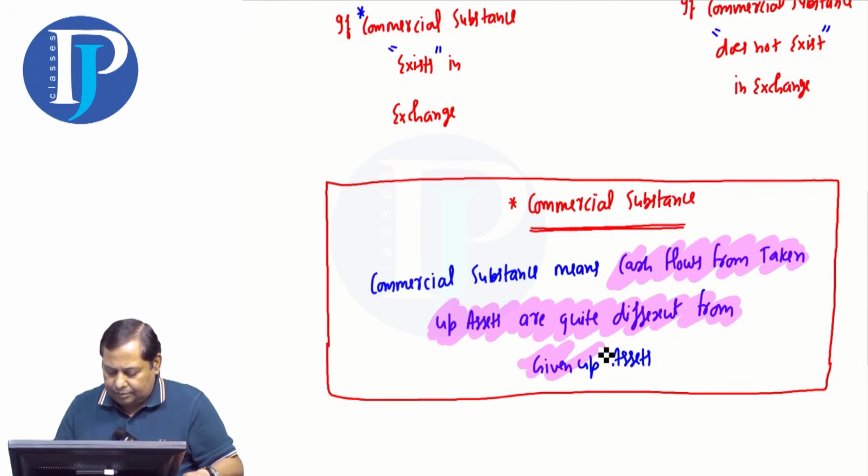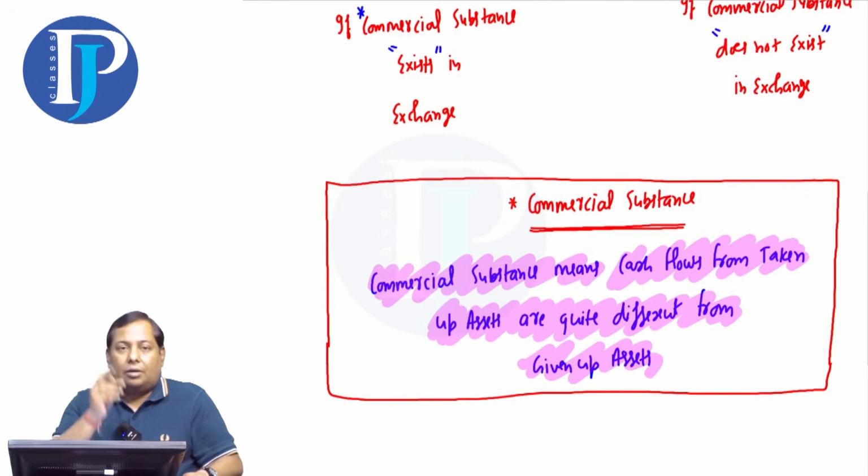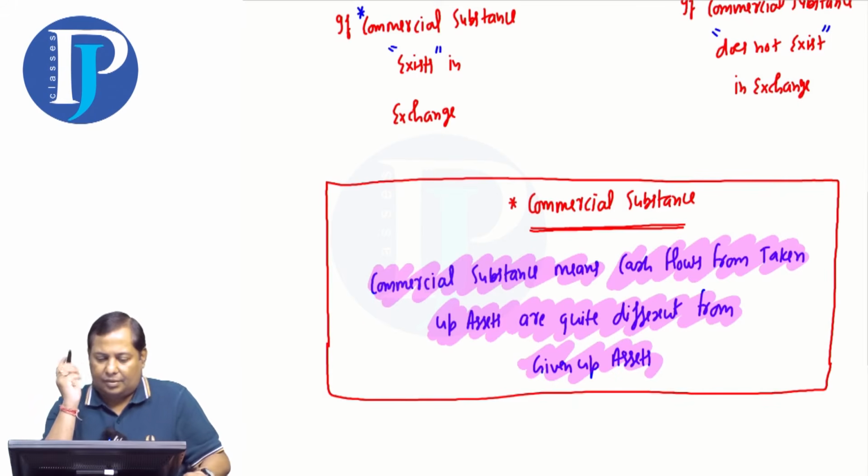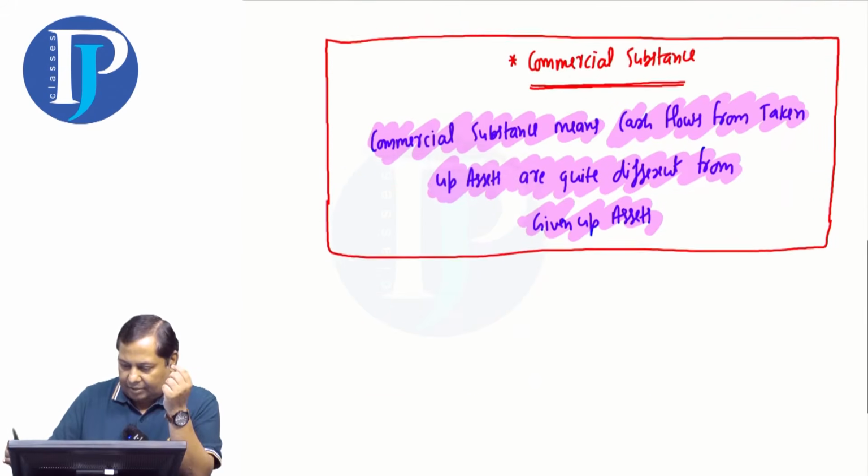Okay. If the cash flows are the same, then why the exchange? Which means there is no commercial substance. Whether you exchange the asset or not, it won't matter. The ease of exchanging assets is only when there are changes in your benefits. Now please make a heading.